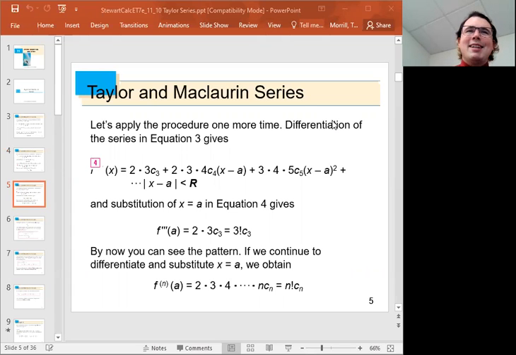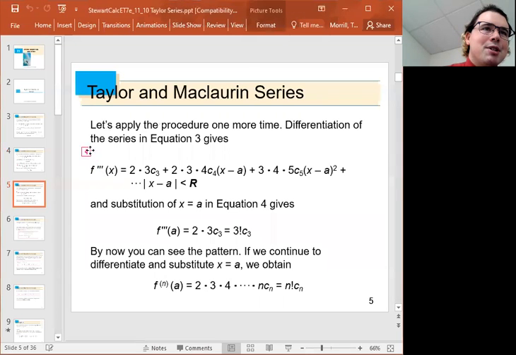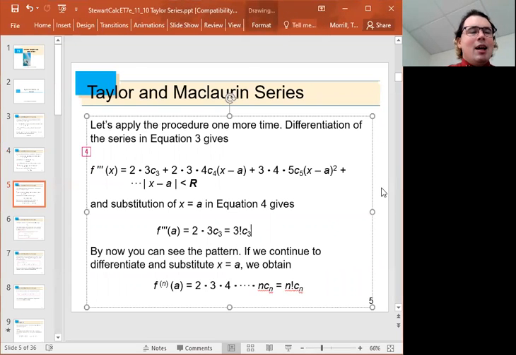So let's keep going. Let's take a third derivative, which is obscured under there. F triple prime of x has the following formula. We've got 2 times 3 times the coefficient C3. We've got 2 times 3 times 4 times the coefficient C4 times x minus a.